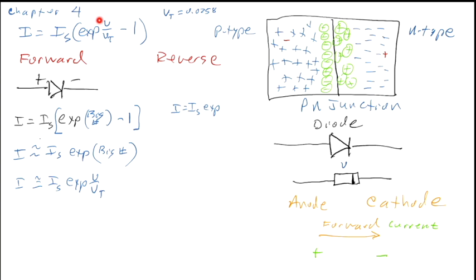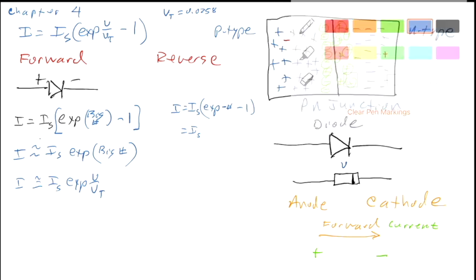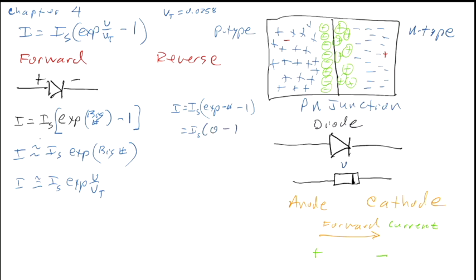So it quickly becomes 0. So we quickly have a negative number, minus 1, which is basically e to the negative number basically equal to 0, 0 minus 1.